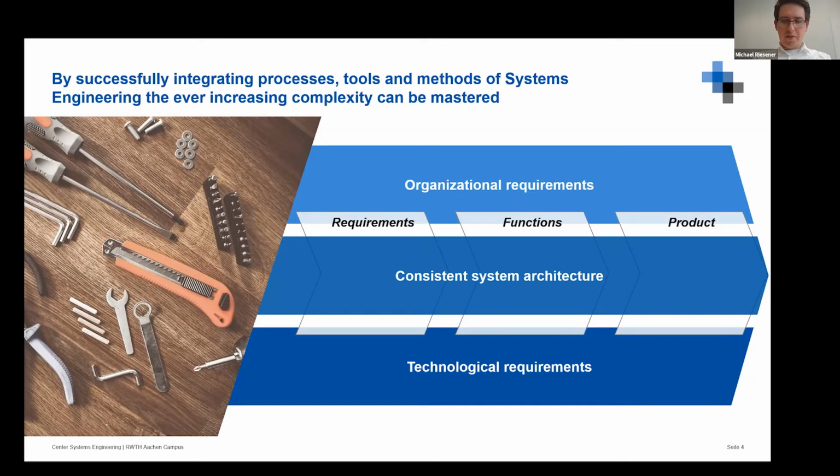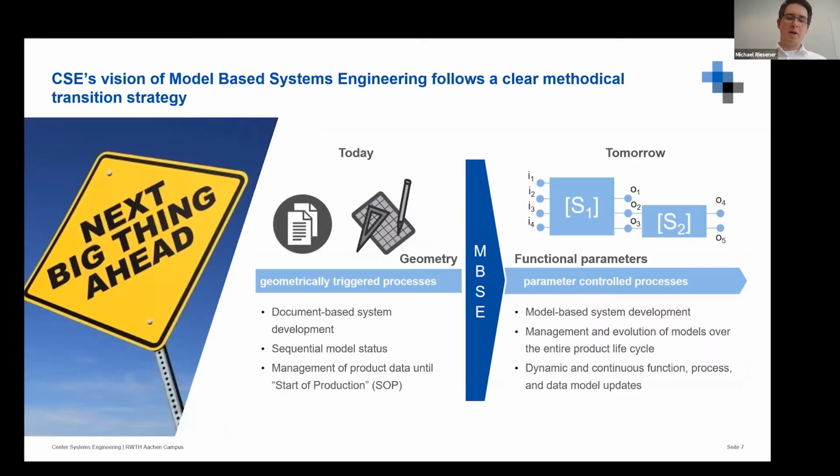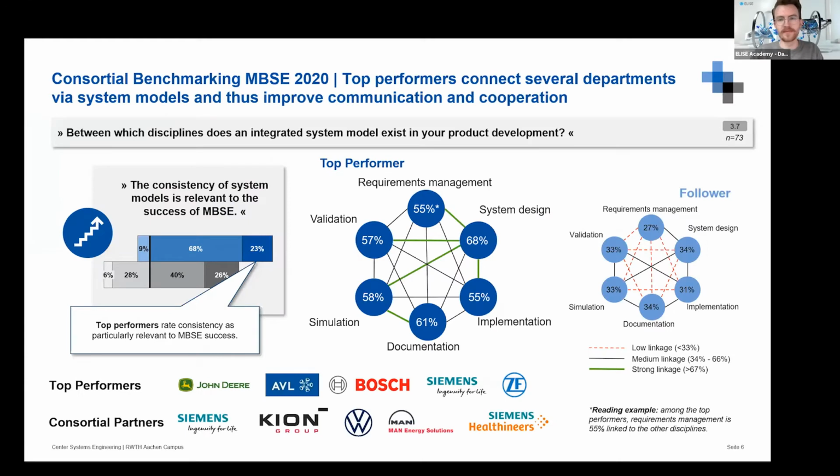When you don't have any questions at this moment, then I would switch to the last slide concerning the consortial benchmarking, where you also see different logos of the top performing companies. Maybe we have also representatives of those companies here with us today. So we have identified John Deere, for example, AVL, Bosch, Siemens, and ZF to be very good in that topic of model-based systems engineering.